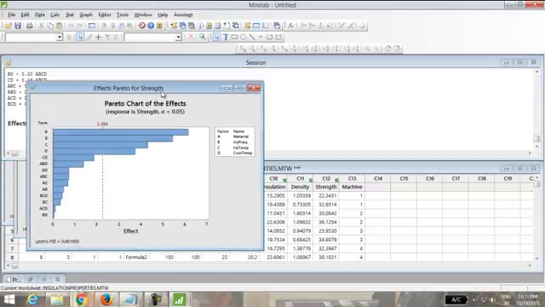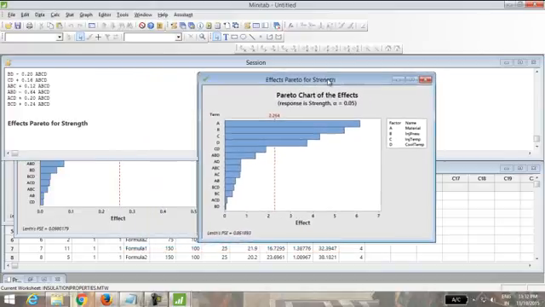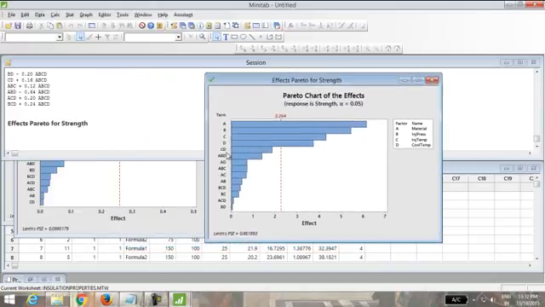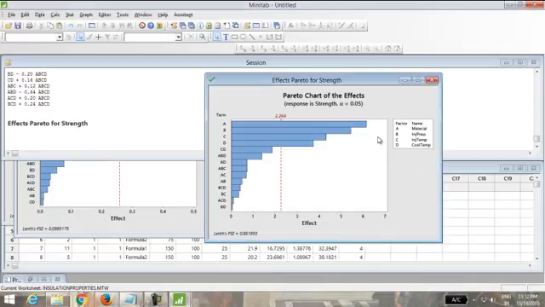Pareto chart for the three responses. Expected to be first, and we can see that the effect is most prominent for factor A. And then moving on, the interactions are probably not so significant.